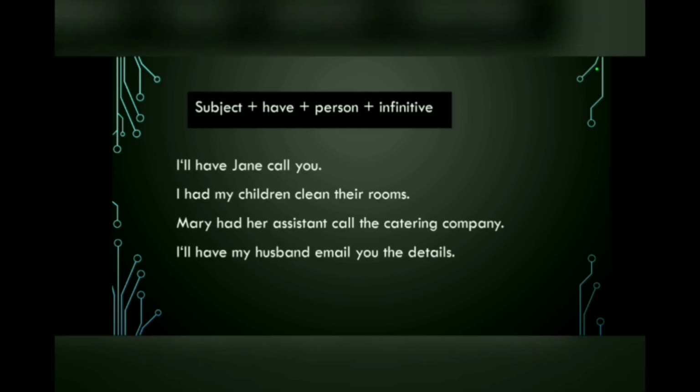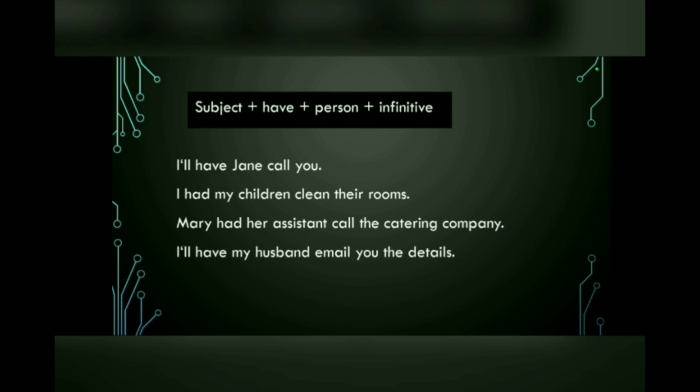Let's look at the second way in which we can use have as a causative verb. This is very similar, but in this case we do say who performs the action. It doesn't have to be describing a paid service, but it very often is. The structure is slightly different.